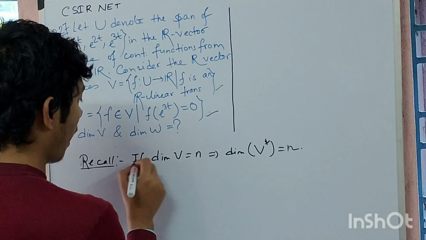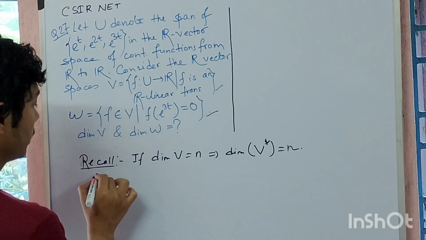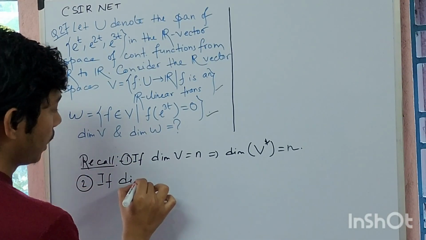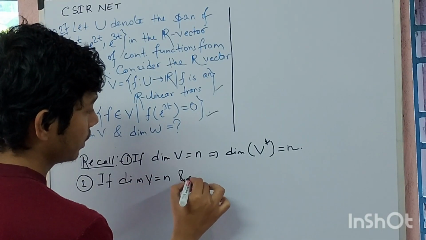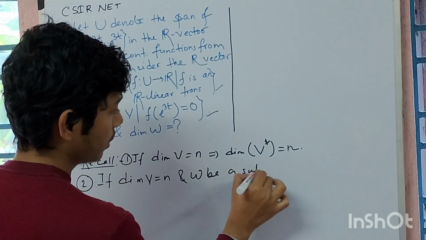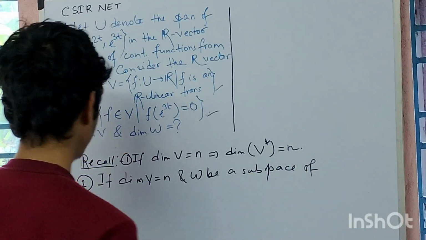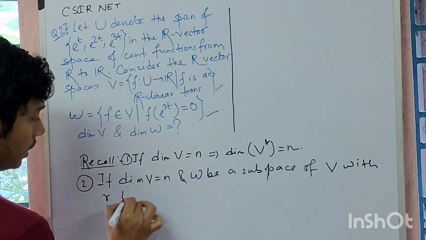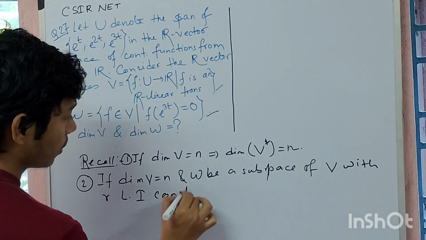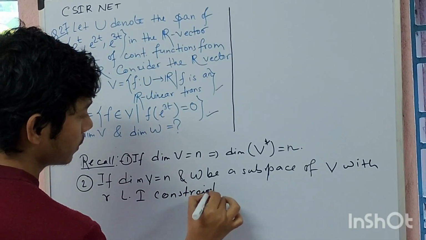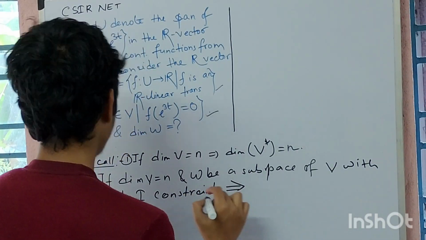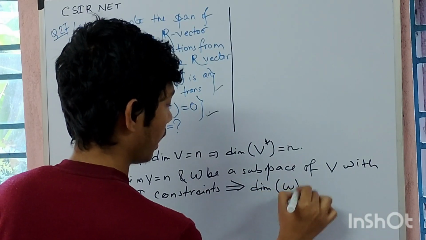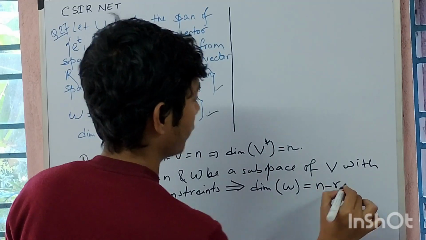And number two, you should know that if the dimension of V equals n and W is a subspace of V with r linearly independent constraints, it implies that the dimension of W equals n minus r.